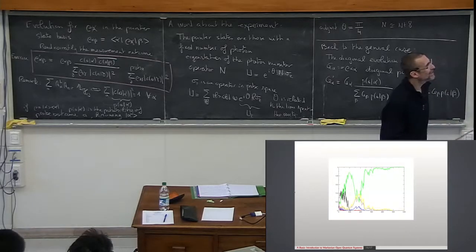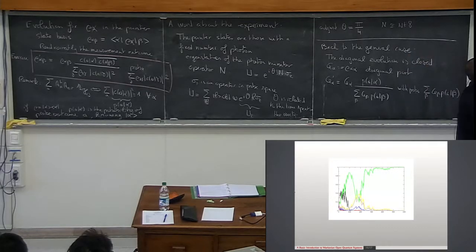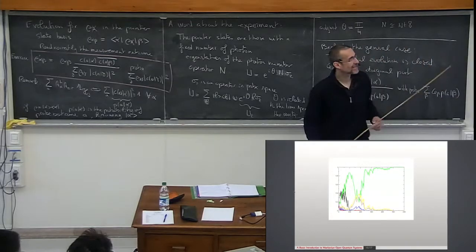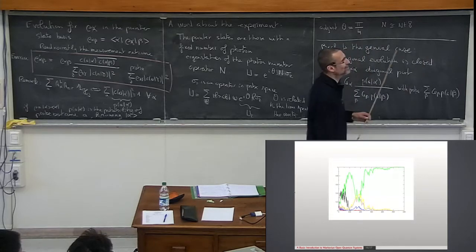What you see is rather strong fluctuations, but in the end, things turn out to be extremely simple. All but one of them is going to decay exponentially, and one of them is going to go exponentially fast to 1. Okay?